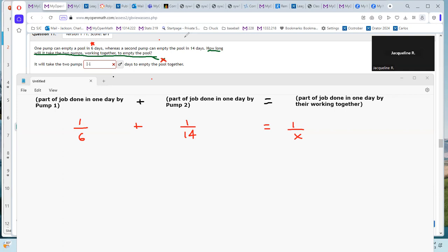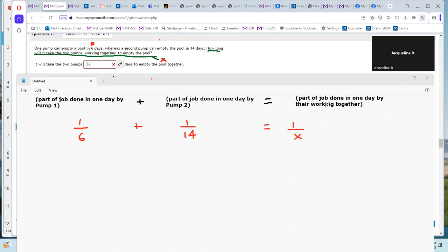No, we just add their rates, and that's the together rate. Solve the rational equation, multiply both sides by the LCD.